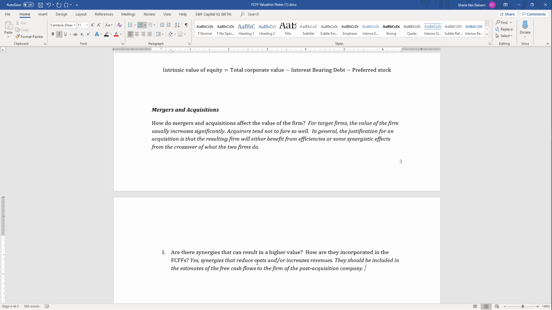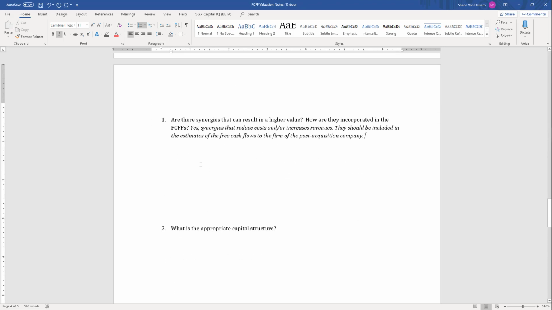So they should be taken into account, hopefully by both parties, both the target and the acquirer. The degree to which they add value or add to the price, though, is going to be between the acquirer and the target, so they can come up with a fair price. The target has to recognize the value that's going to be created, but that they're not entitled to all of the value created, and likewise for the acquirer of that company.